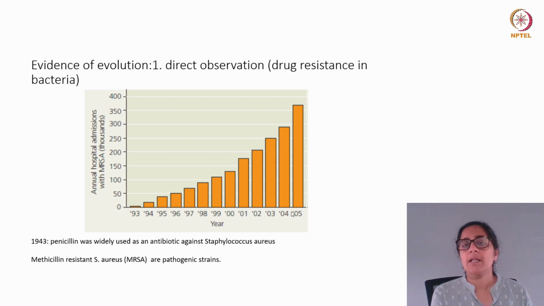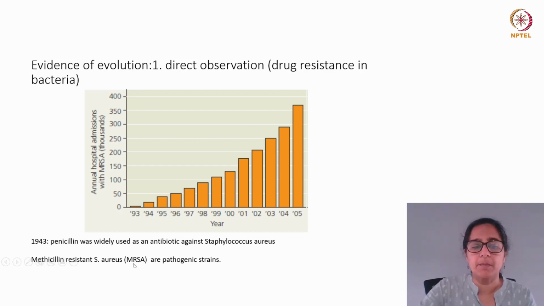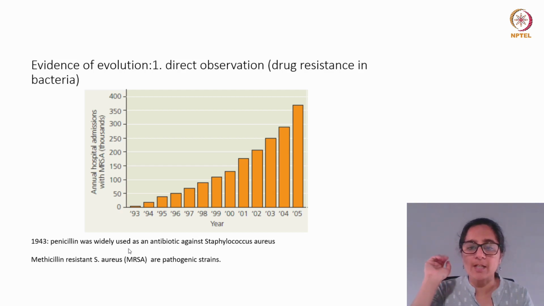So then scientists discovered one more antibiotic known as methicillin. And of course, this antibiotic was also very effective against Staphylococcus aureus. You have to remember, when I'm talking about Staphylococcus aureus, there are a lot of Staphylococcus which are just normally present on our body, but some are pathogenic or disease causing. So the antibiotics are against those disease causing bacteria.